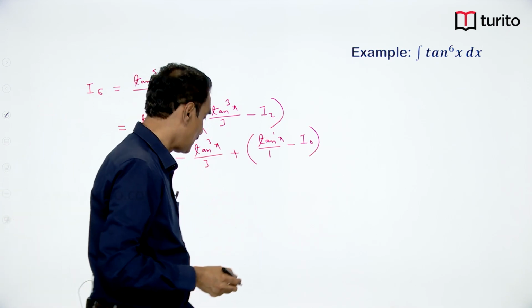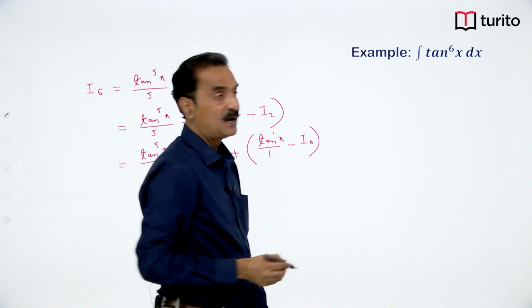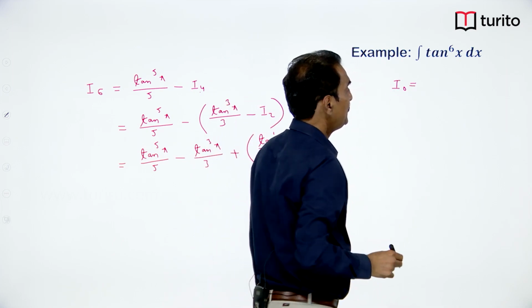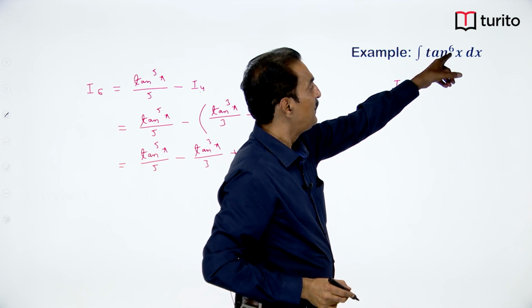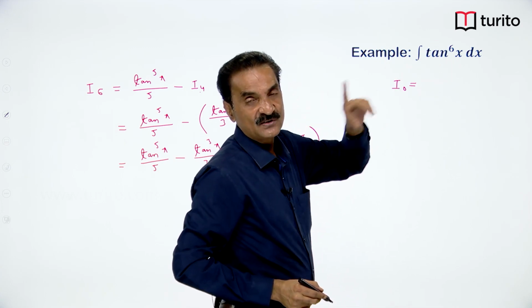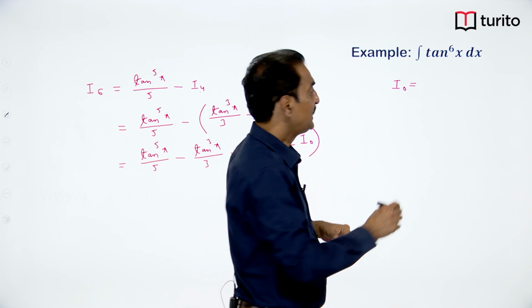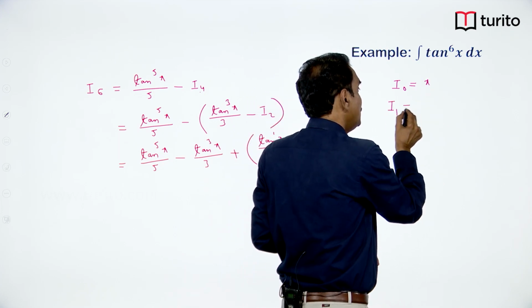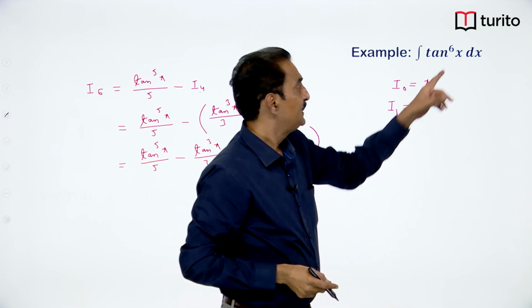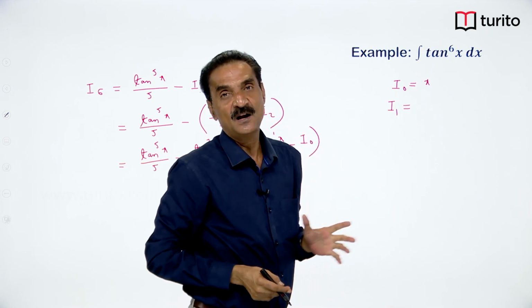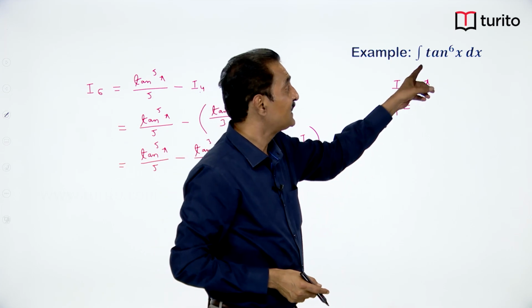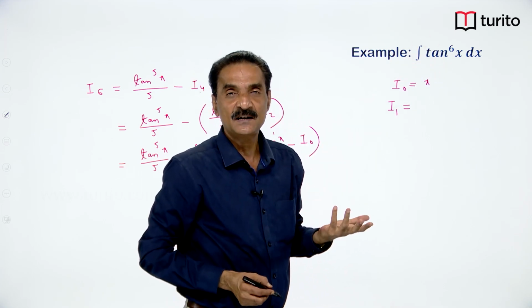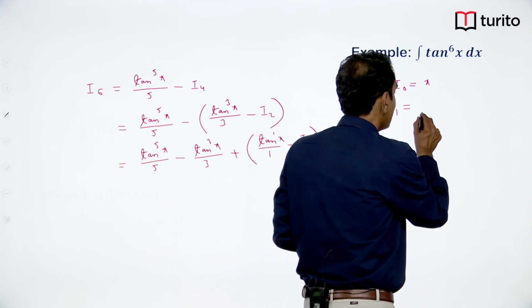What is the value of I0 in the reduction formula? If n is 0, power is 0, integral tan power 0x is integral 1 dx, that is x. If the power is odd, you will get I1 in the last step. What is I1? Integral tan power 1x dx. What is the integral of tan x? Log mod secant x.